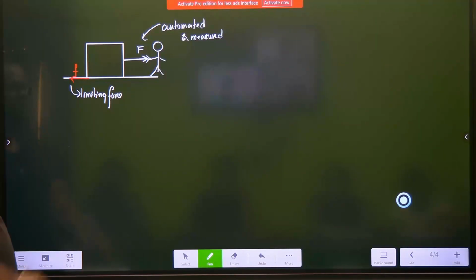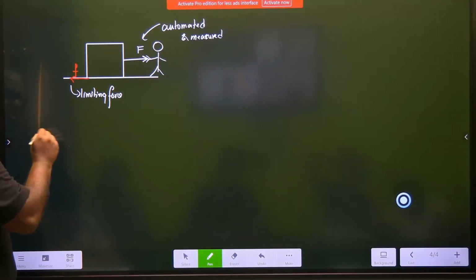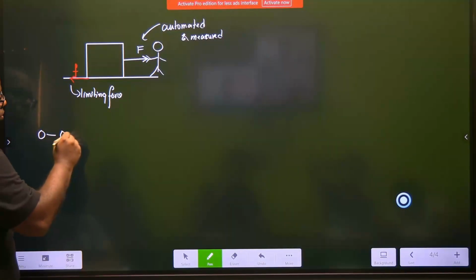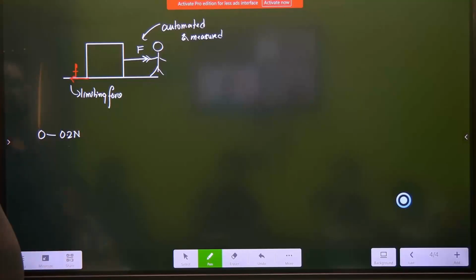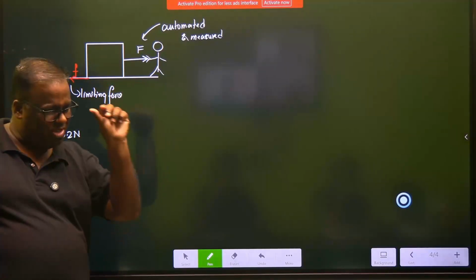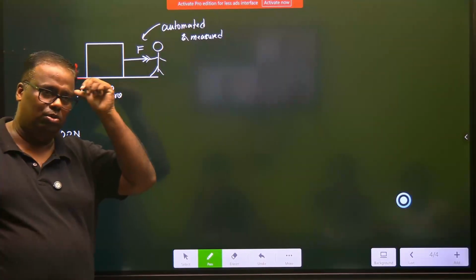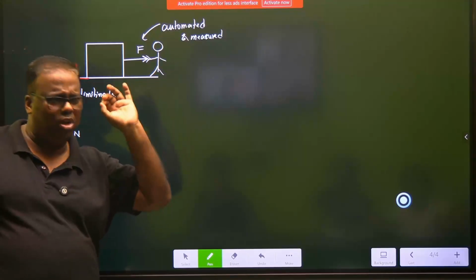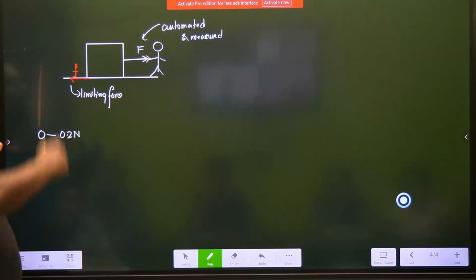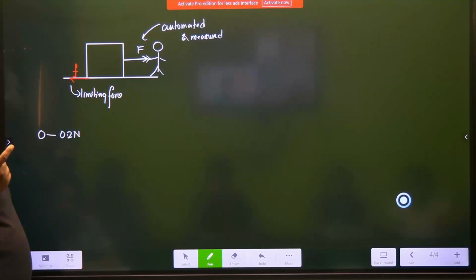And then you find that on a scale, up to 0.2 Newton, this block was not moving. When we increased it beyond 0.2, the block just started to move. So how much is the force of friction? 0.2. We can't measure friction directly. Friction is always measured indirectly. But 0.2 is the maximum friction that you will get here.